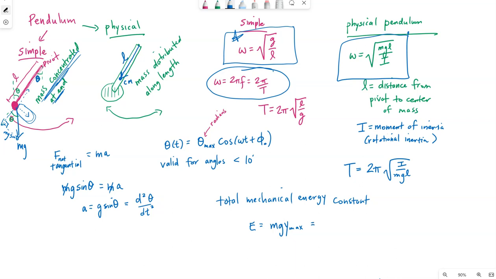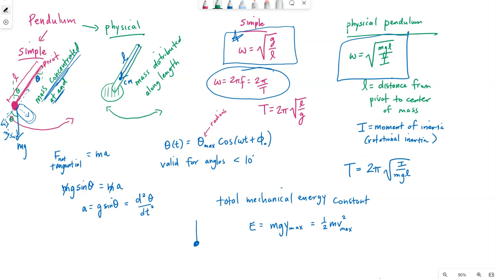There will be moments in time where the kinetic energy is all we have. And that would be as the mass swings through its equilibrium location. And by equilibrium, we mean if the system was at rest, where would it be? Well, it would be hanging straight downwards.